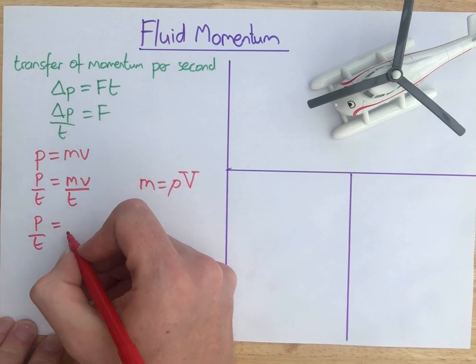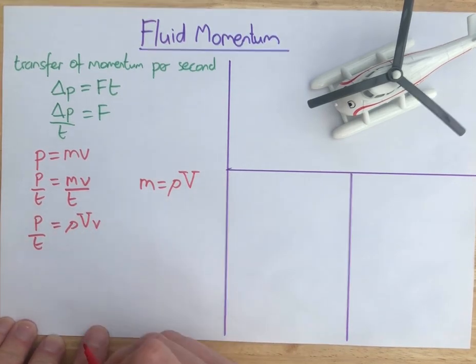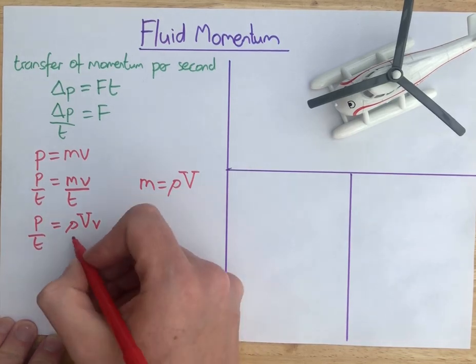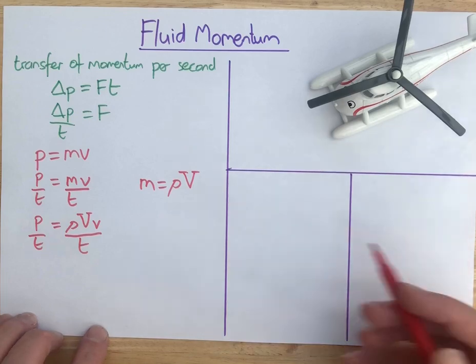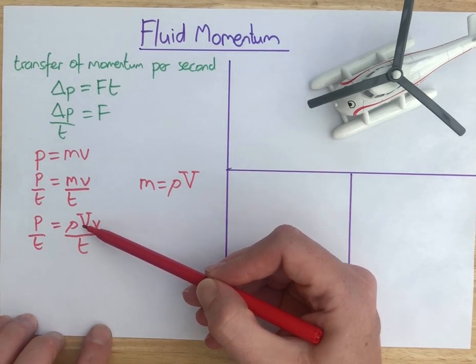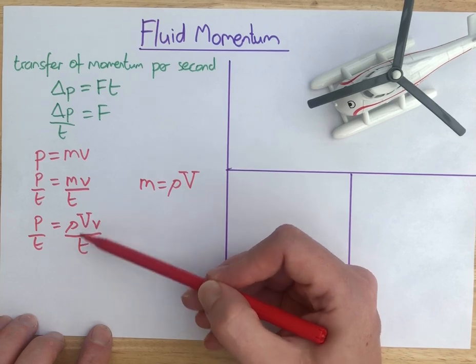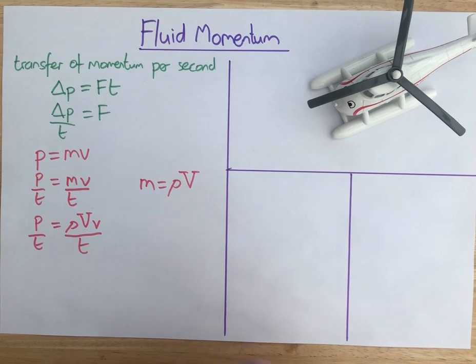We'll substitute mass out and replace it with rho V. We've got the little v, hence why I'm making sure they're clear which one's which, and that divided by time. Okay, so I've got density multiplied by the volume of fluid per second. I'm going to treat that as a single term in a second, multiplied by the velocity of the fluid.